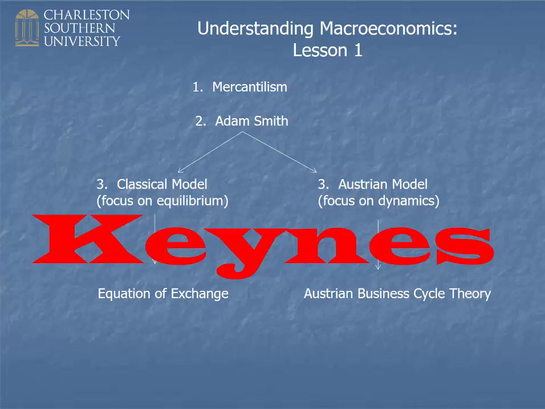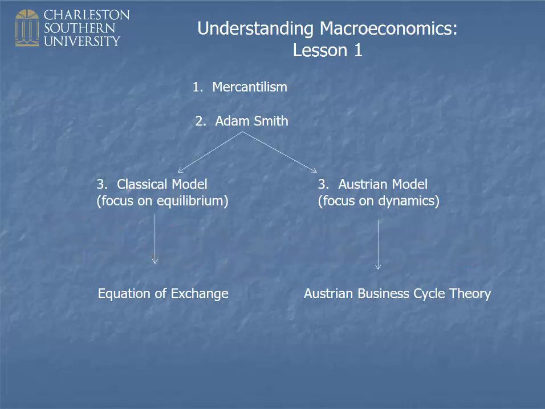But by the late 60s, it's obvious that the Keynesian idea is not completely right, and people begin to question it. And so Keynes doesn't disappear, but it now is much less dominant than it was, say, in the 60s.